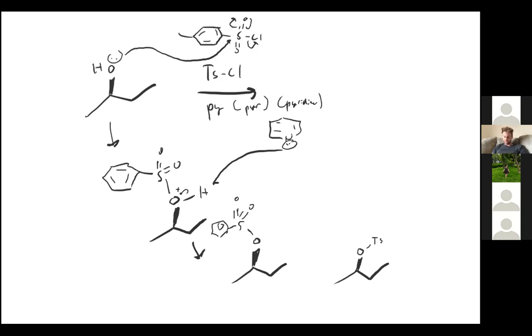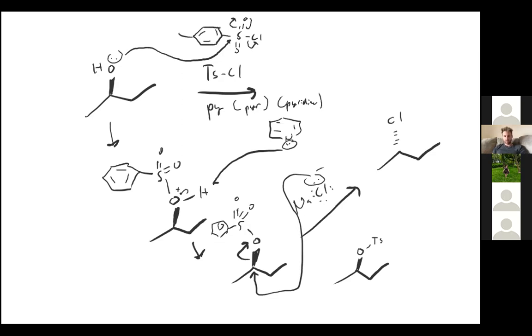So from this point, we can have something like NaCl come in, our Cl can attack. We're going to do an SN2, and we're going to actually be able to invert our stereochemistry. So this lets us do an SN2 on this compound here.